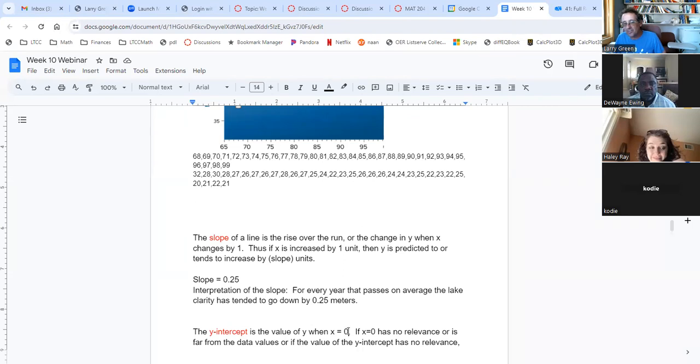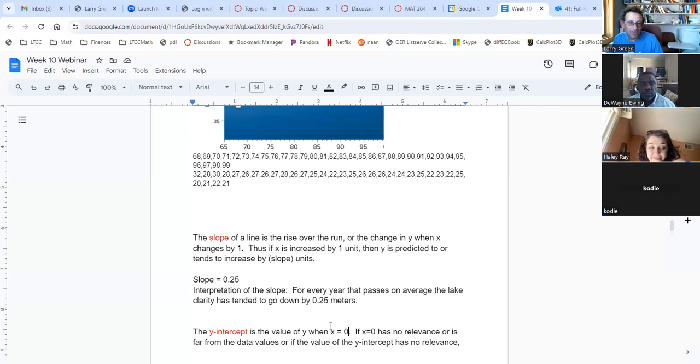So sometimes it's useless. Sometimes it's useful. For the cigarette example, it'd be very useful because then you can predict how long someone's going to live if they don't smoke cigarettes, if they smoke 0 cigarettes a day. Does that make sense? So that would be an example where the y-intercept is useful.